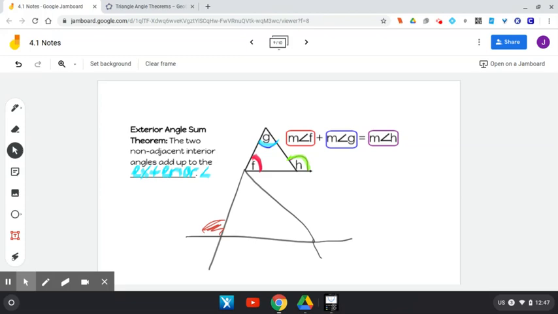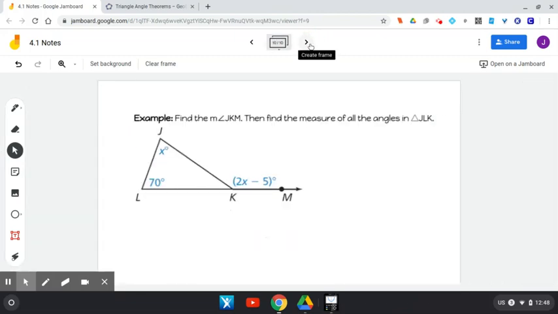So maybe this one and this one. The blue angles add up to the outside angle. Or if I were to switch things around, maybe I wanted to find this angle. In order to find that, I would need the inside angles that aren't next to it. So these two. We're going to do one example problem real quick, and then we are done.